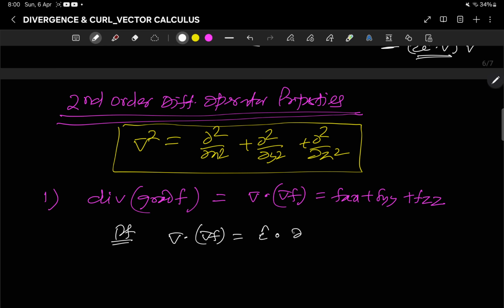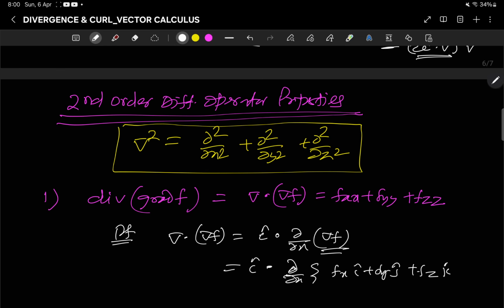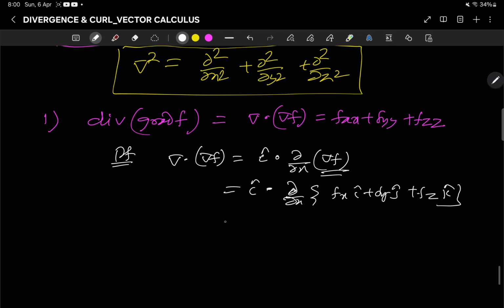your I cap dot del by del x of grad f, and you know your grad f. What is your grad f? It is fx i plus fy j plus fz k. Now you operate it.